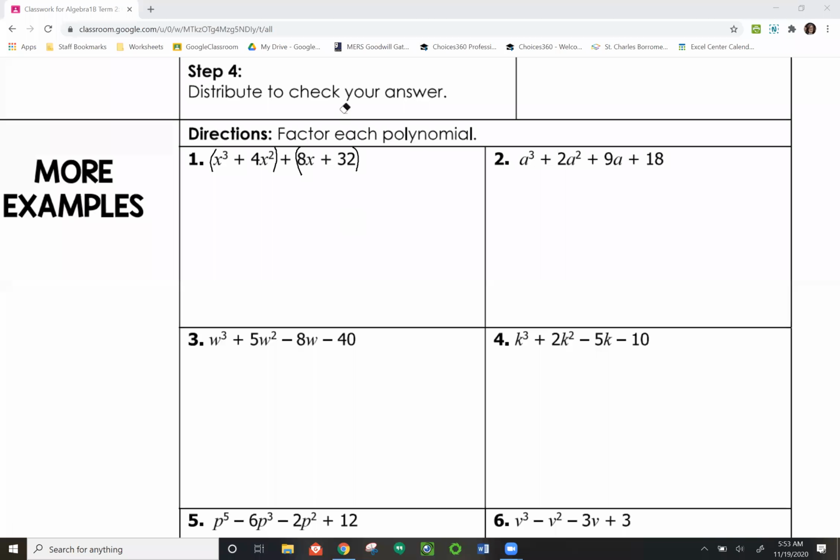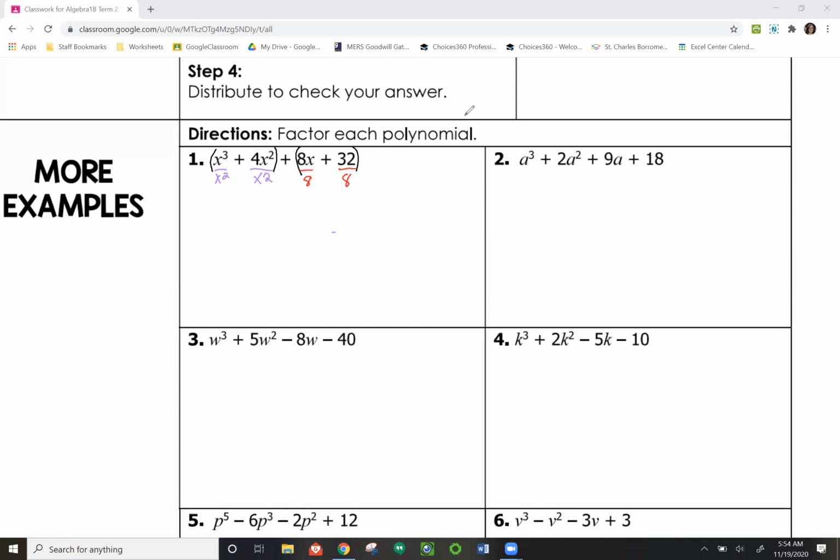After that, identify what your greatest common factor is in each of your binomials. So in my first binomial, I can divide out an x squared. So I'm going to do so. And in my second binomial, maybe we'll just do both of them right now. My second binomial, I can divide out an 8.